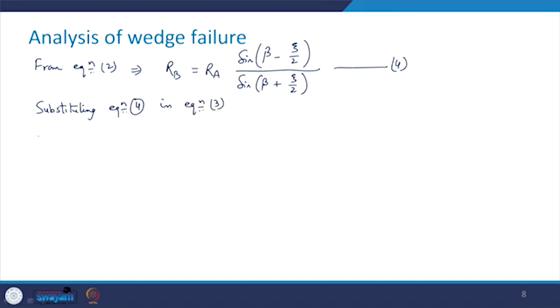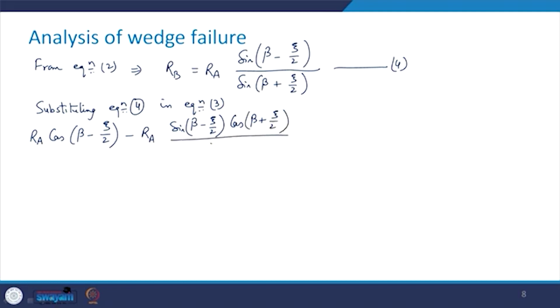So see what we get is RA cos of beta minus zeta upon 2 minus RA sin of beta minus zeta upon 2 into cos of beta plus zeta upon 2 divided by sin of beta plus zeta by 2, and this is equal to W cos of psi i.